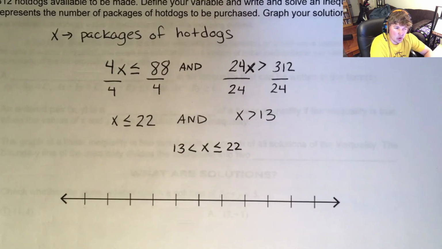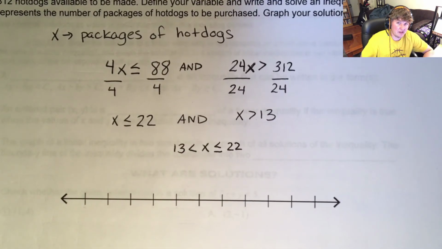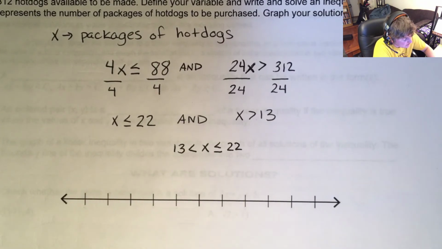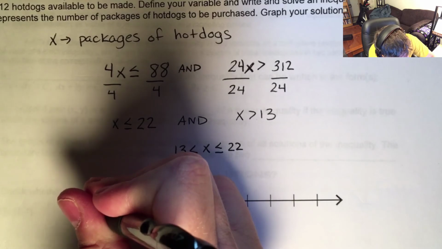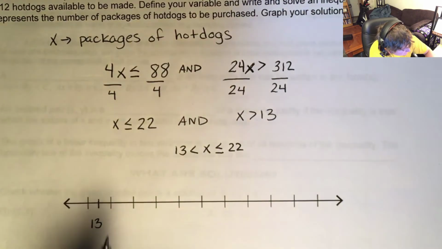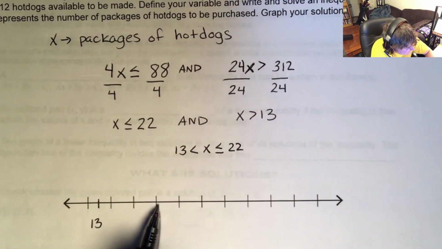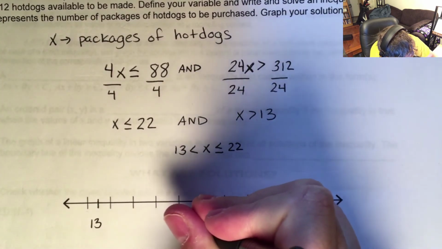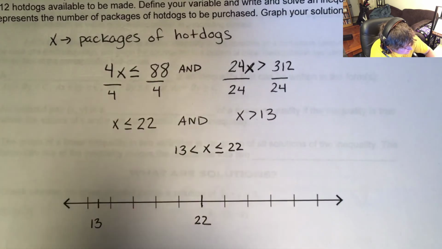Okay, so in these word problems where the numbers are a little bit bigger, if it's asking you to graph that, don't feel obligated to include 0. It's not the end of the world. Okay, so let's go ahead and say that maybe right here is 13. And then this is 14, 15, 16, 17, 18, 19, 20, 21, 22. This will be 22 then. Okay, so open or closed circle on 13?